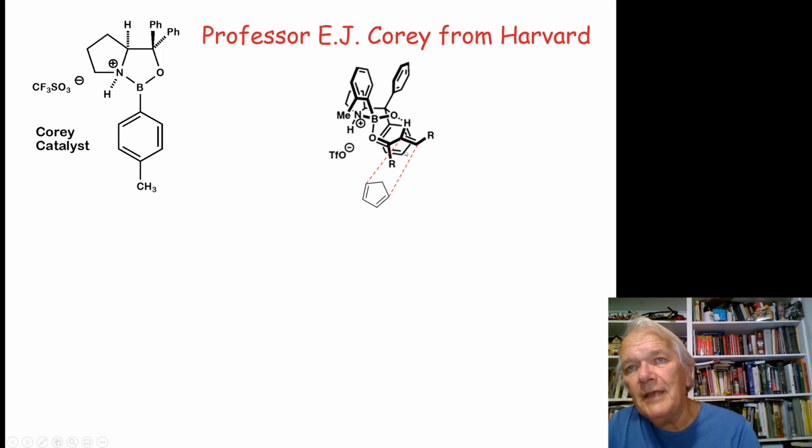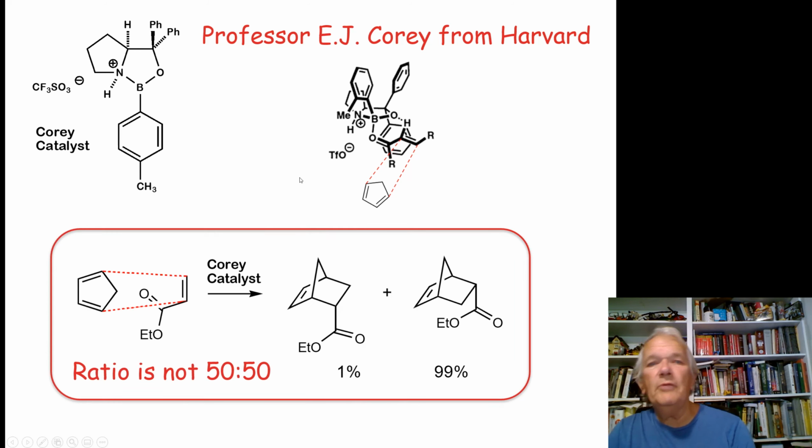It wants to be endo, but it doesn't have a choice of which side of the dienophile it attacks. So when you just do it, the ratio isn't 50-50. In fact, it's 99-1. And so this is now selecting out a particular enantiomer of the entire thing.